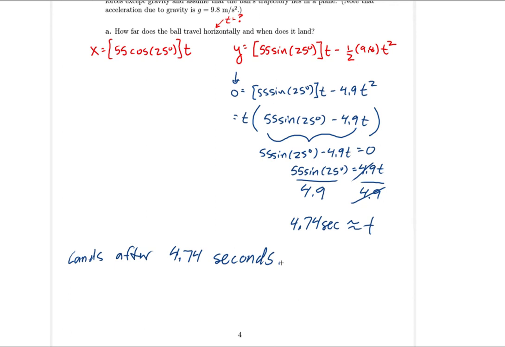And then, of course, how far does the ball travel? Well, that's where we can go to our x value and plug that in, and what we get is x is approximately 236.3 meters.